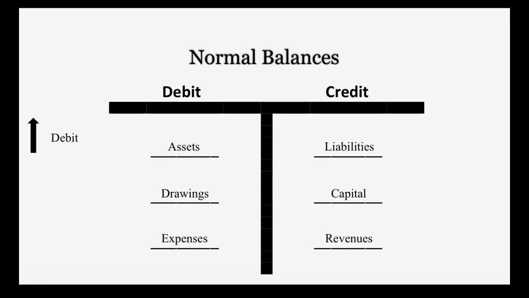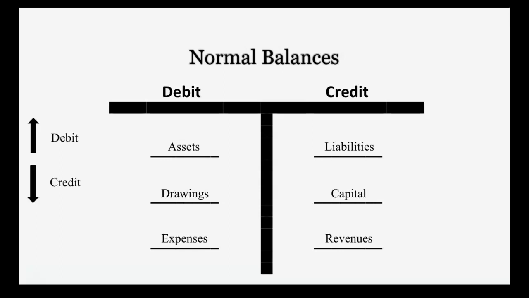So those accounts with a normal debit balance increase when you debit that account in a journal entry. So to increase an asset, you would debit that account. To increase your expenses, you would debit the expense account.